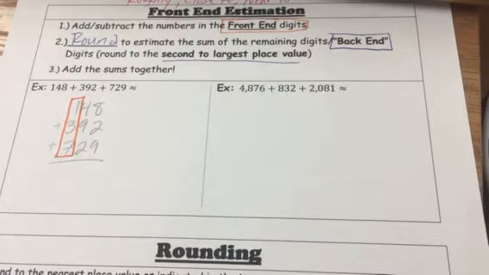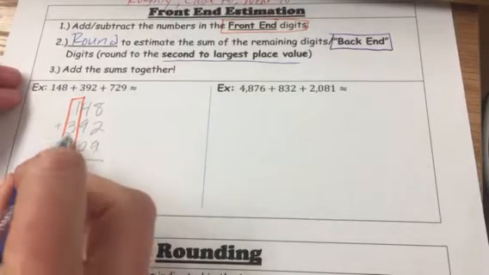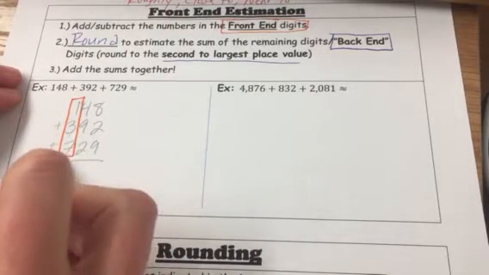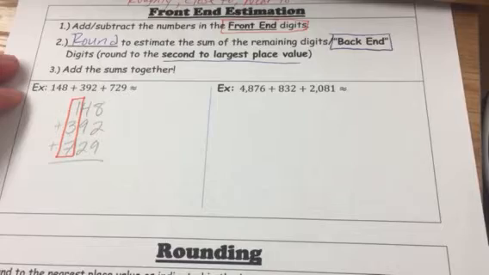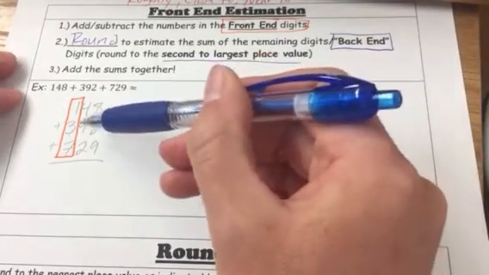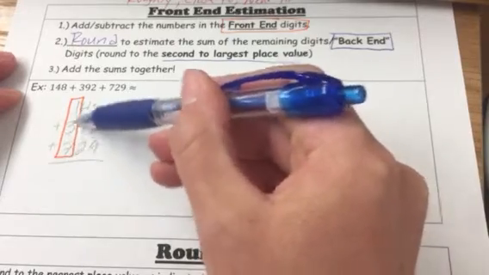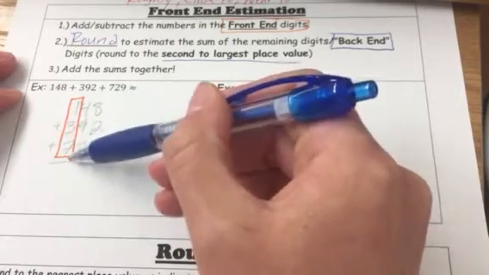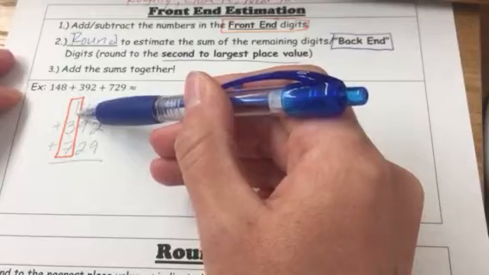We are adding 100 plus 300 plus 700, because those are sitting in our hundreds place values. So we've got 100 plus 300 plus 700. Well, I know 300 plus 700 is 1,000, plus one more set of 100 is 1,100.